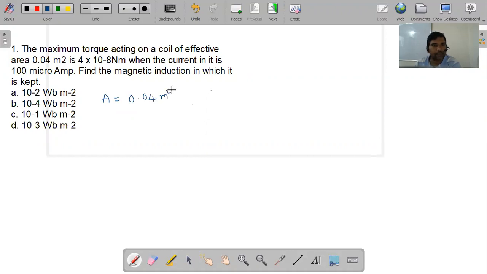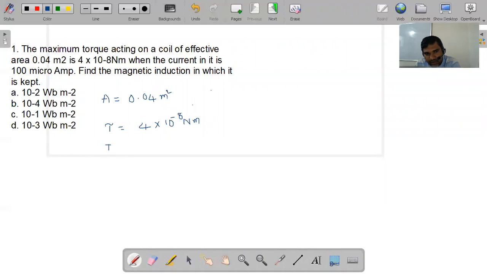That is the area. And the torque also they have given here. Torque tau is equal to 4 into 10 power minus 8 Newton meter. So this is what they gave, the maximum torque. Then the current in it is 100 microampere.